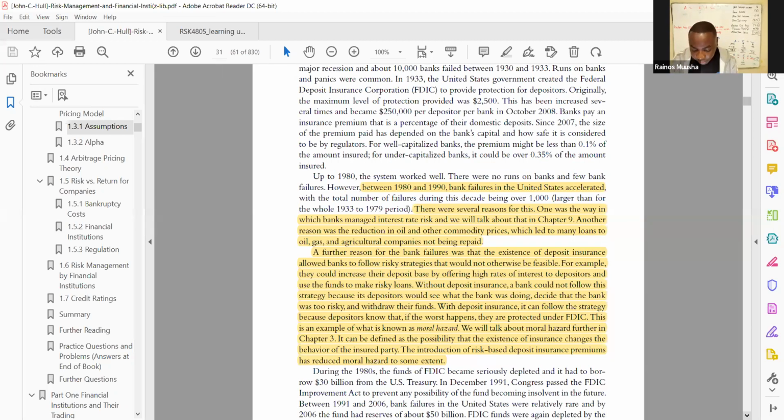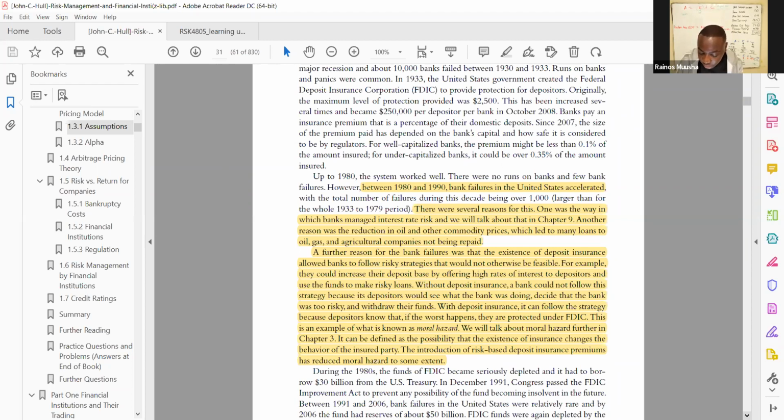For example, they could increase their deposit base by offering high rates of interest to depositors and use the funds to make risky loans. Without deposit insurance, a bank would not follow this strategy because its depositors would see what the bank was doing, decide that the bank was too risky, and withdraw their funds.